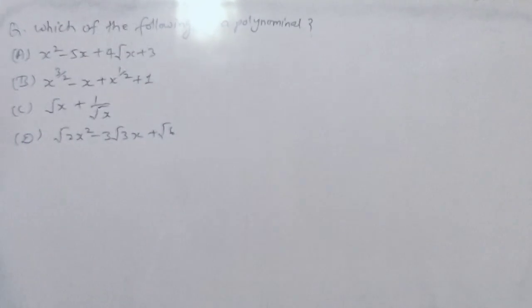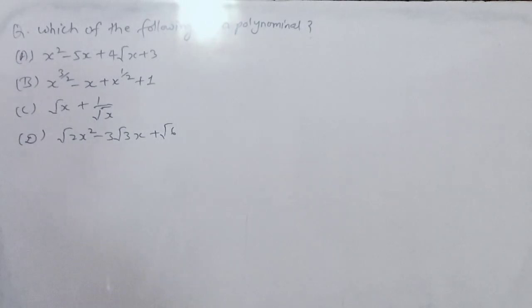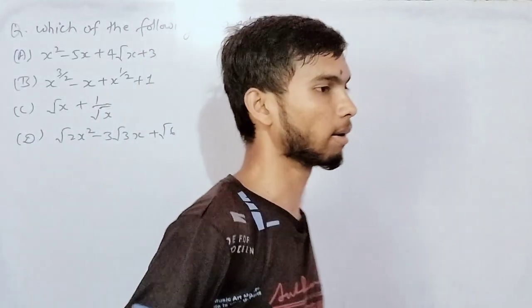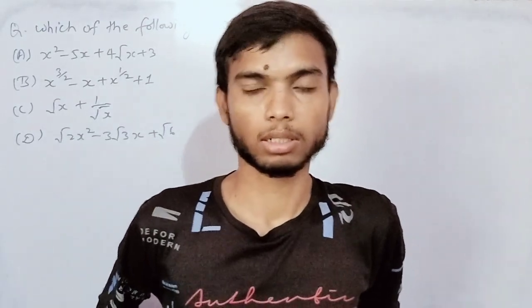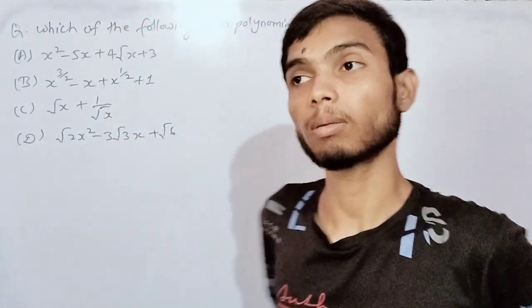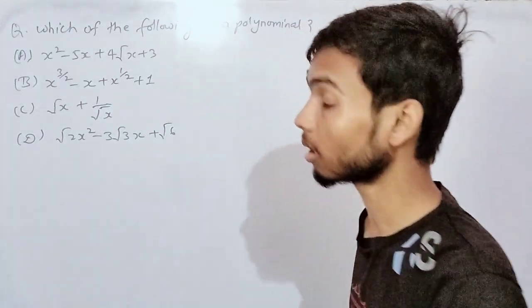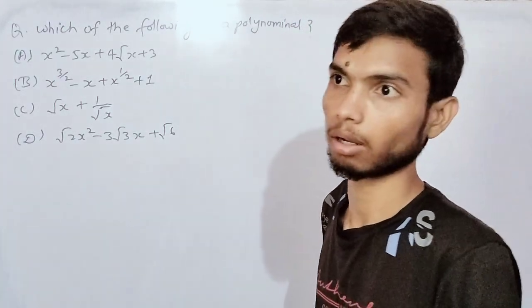Which one is a polynomial? If the exponents are not whole numbers, then we will say the given algebraic expression is not a polynomial. If any variable is under a root or in place of a denominator, then we will say directly that the algebraic expression is not a polynomial.